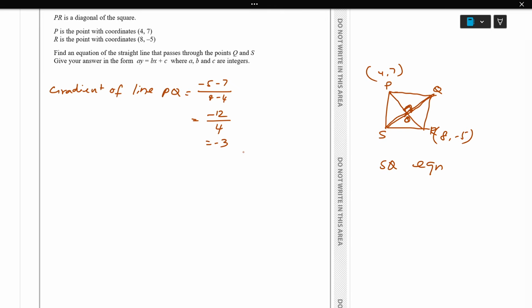So minus 5 minus 7 over 8 minus 4, which is minus 12 over 4, which is minus 3.